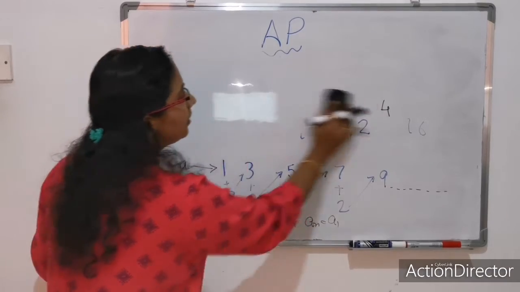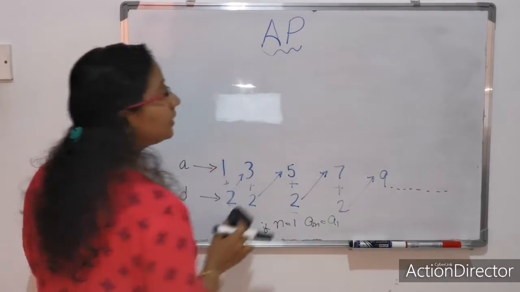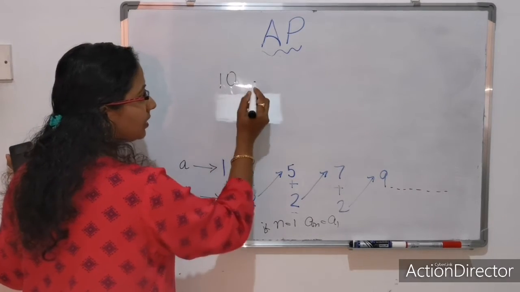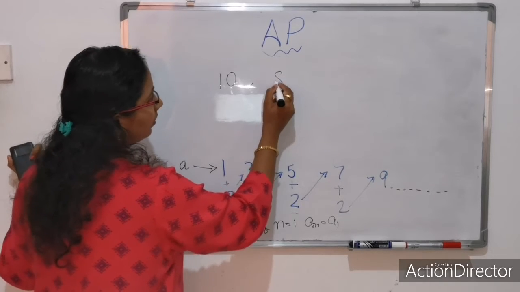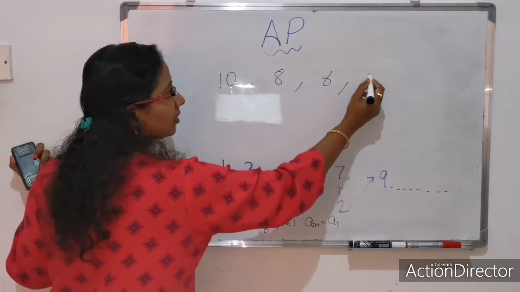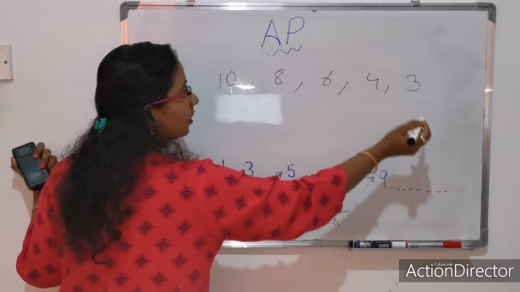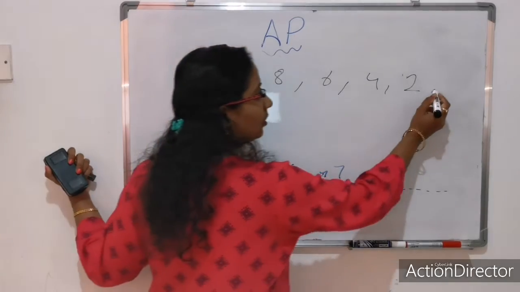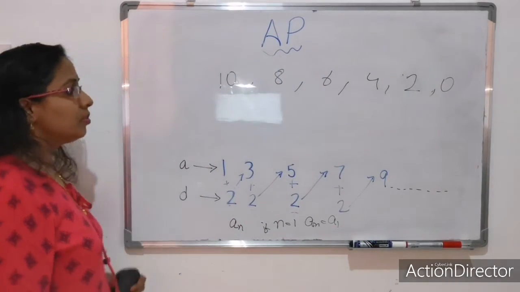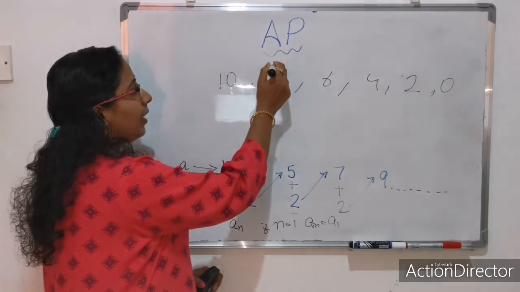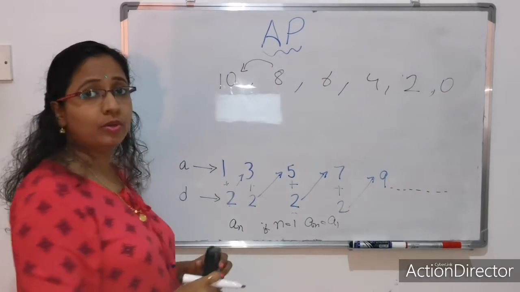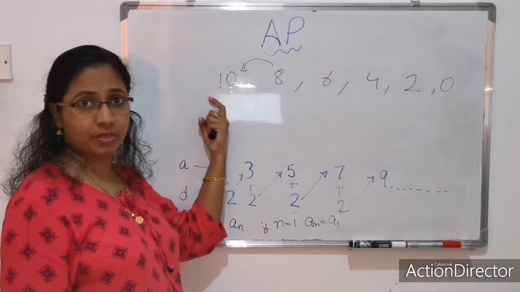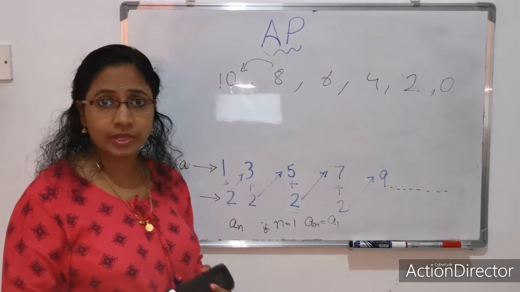Now let us see a sequence in descending order. Suppose I am taking smaller numbers, for example 10, 8, 6, 4, 2, 0 and so on. Here also you take the next number on the right side minus the left side number, 8 minus 10.